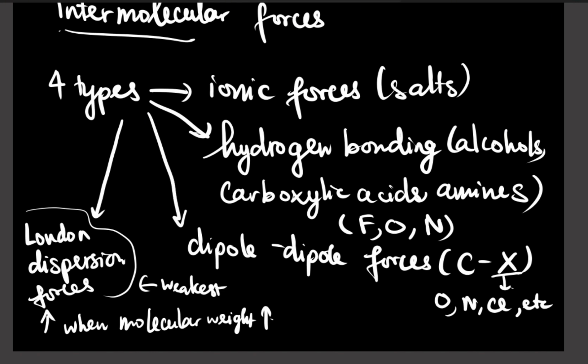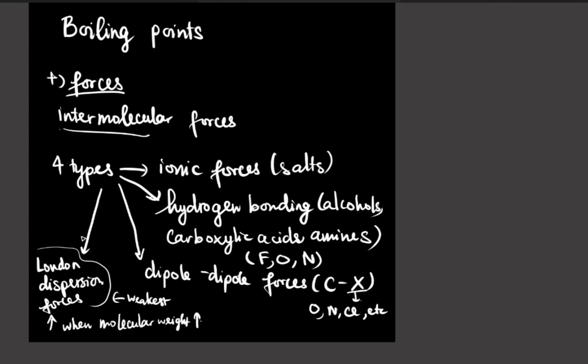So if we have to rank these forces in terms of strength, then ionic forces would be the strongest, and then hydrogen bonding, and then dipole forces, and then lastly, London dispersion forces. So normally in an exam, you can expect a question looking like this. It would give us 4 molecules looking like this.